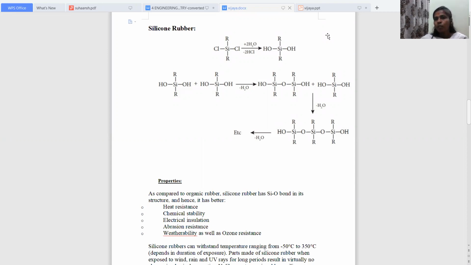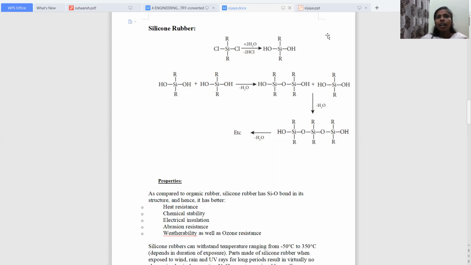The second rubber was butyl rubber, also called GRI rubber. Government Rubber Isobutene is the full form of GRI rubber. Butyl rubber is synthesized by the copolymerization of isobutene and isoprene. Isoprene is nothing but 2-methyl 1,3-butadiene.